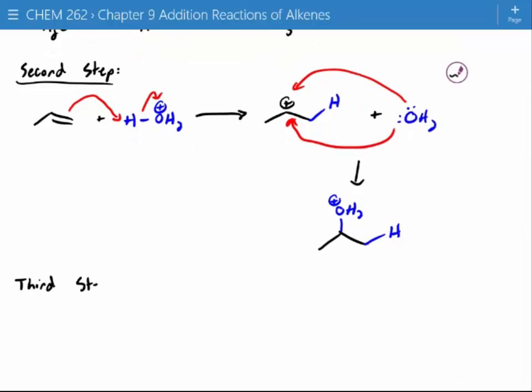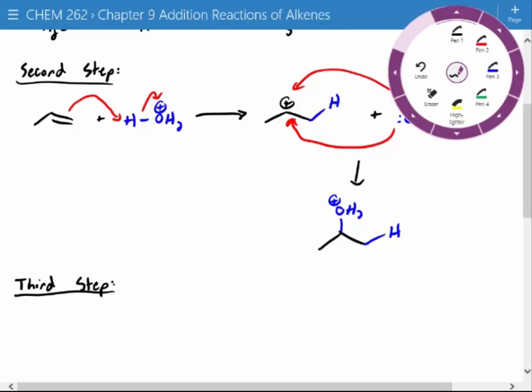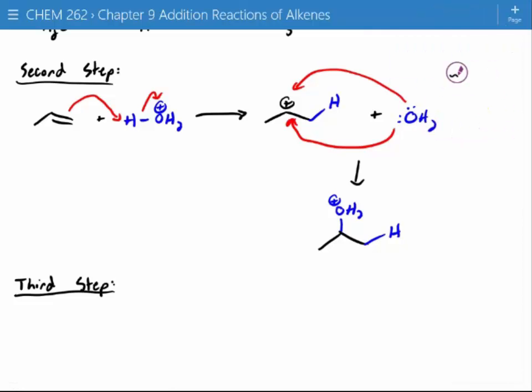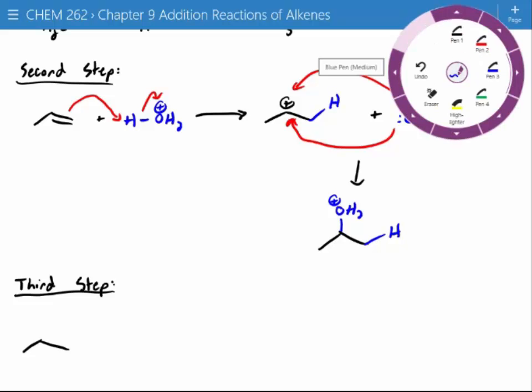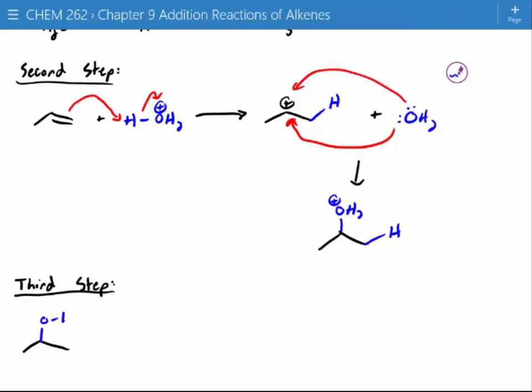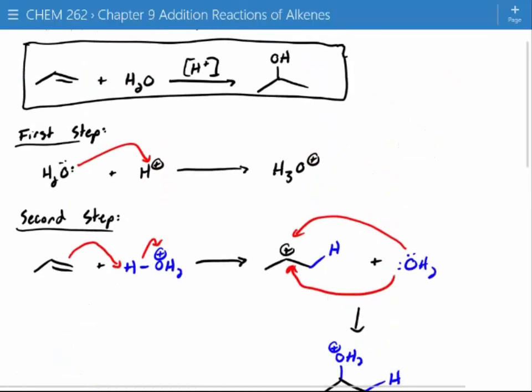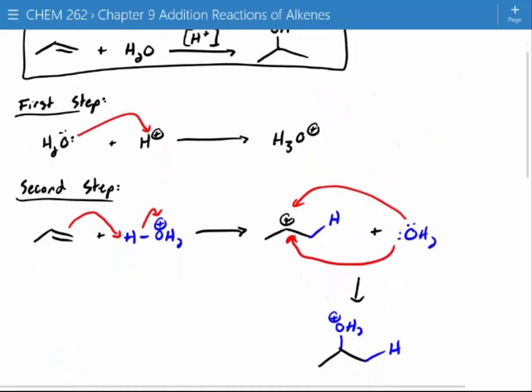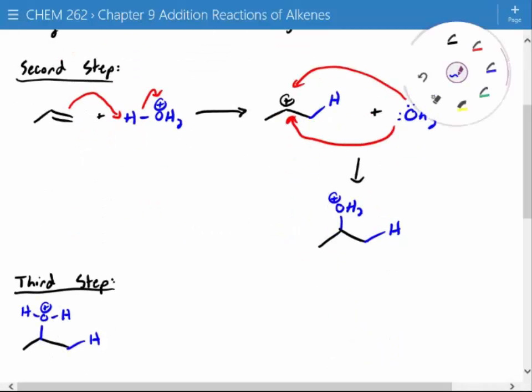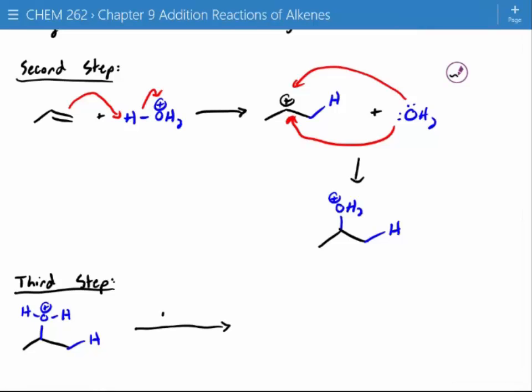Exactly. So water isn't very happy when it's protonated, or an alcohol is not very happy when it's protonated. So in this case, we've got this situation where we need to do one last deprotonation. This reaction, like we said, is normally done with water. So water can act as a weak base. So we've got water over here.